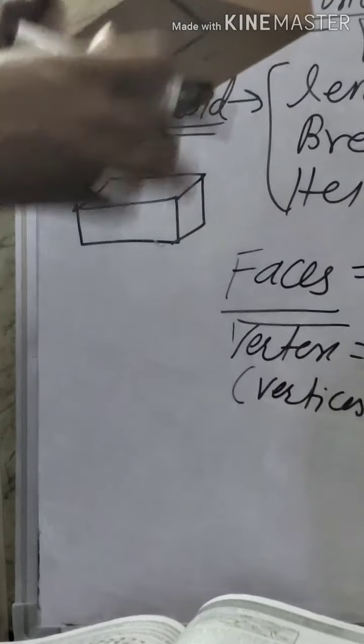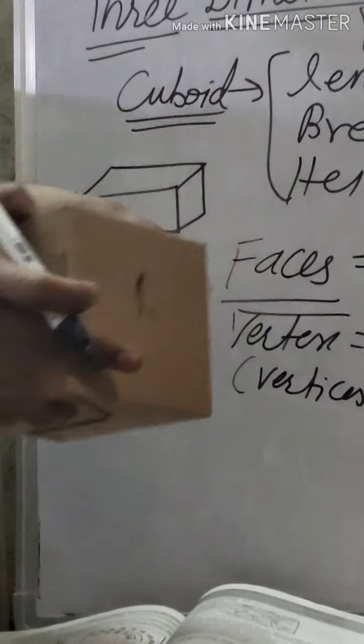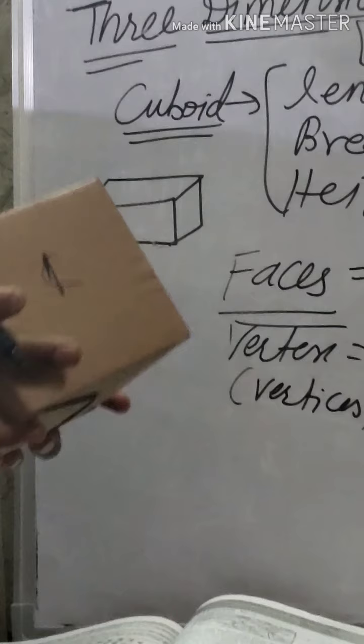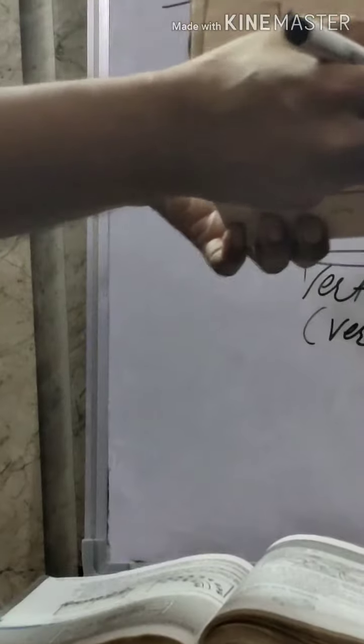Take the example of a room. Inside the room, 4 heights are there, 4 lengths are there and 4 breadths are there. Clear this, because they are parallel, 4 lengths.